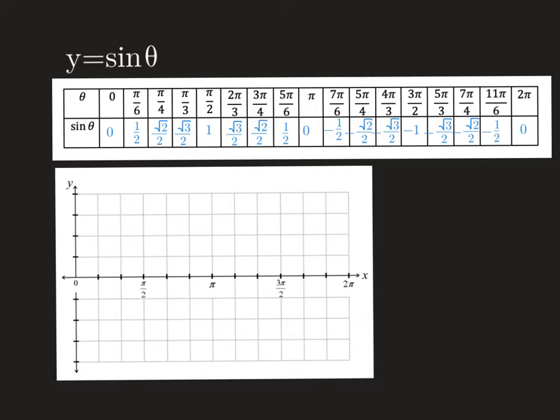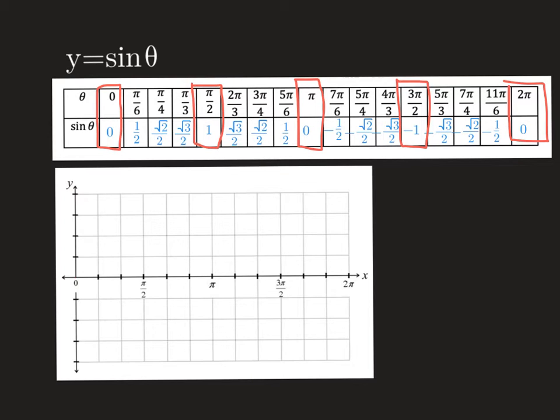Okay, so there's 5 points that we're really going to focus on: 0, 0; pi over 2, 1; pi, 0; 3 pi over 2, negative 1; 2 pi, 0. So I'm going to plot those 5 points.